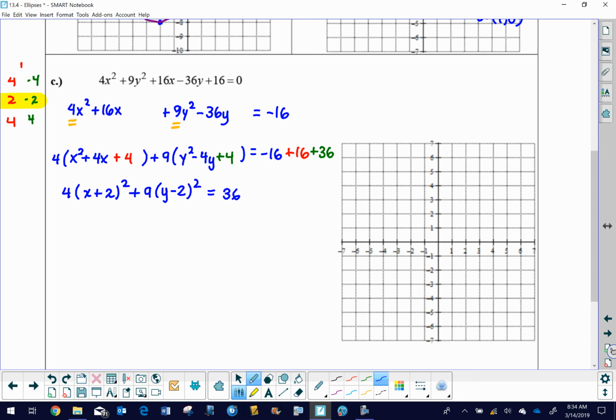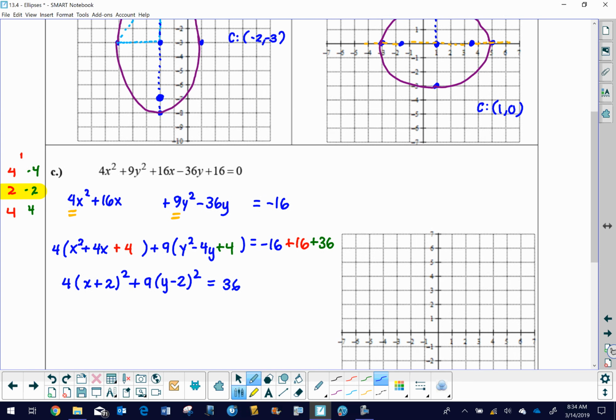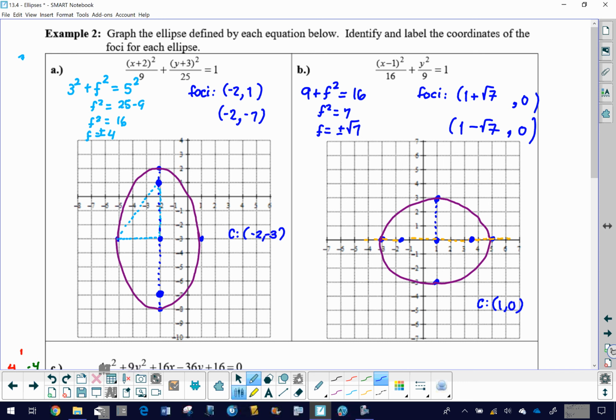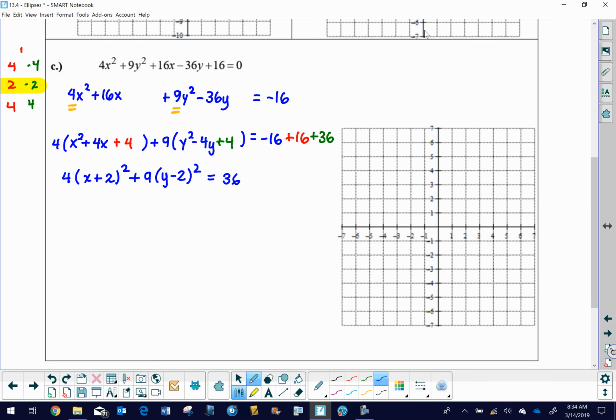So we're not quite where we want to be yet. The standard form of an ellipse always has this very common look to it. And if I scroll back up and refer to A and B, what do we notice is always on the right side of the equation? A 1. You want that to happen. That's going to make our lives a lot easier.